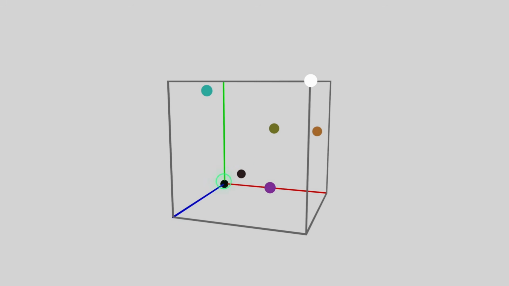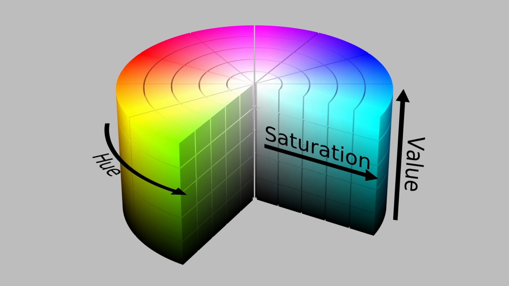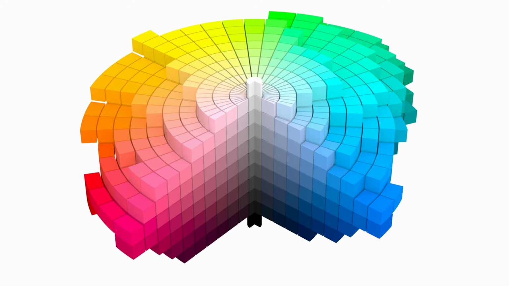We have black at 000, we have white at 255 by 255 by 255, and every other color in between. Again, this is just to illustrate the point that any 3 values can be plotted as a point in space. Here, we can see another representation of color as a 3D form, in this case, a cylinder. And finally, an even more complex representation of color as a 3D shape.